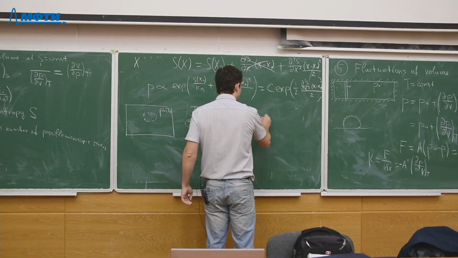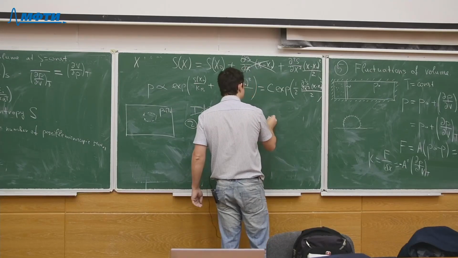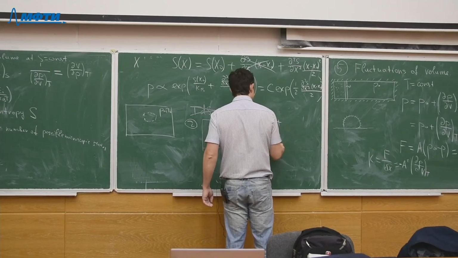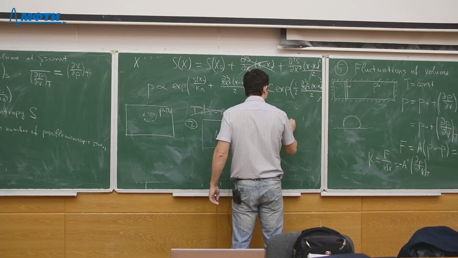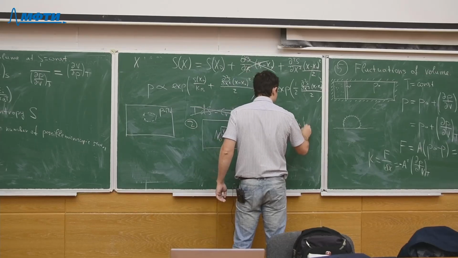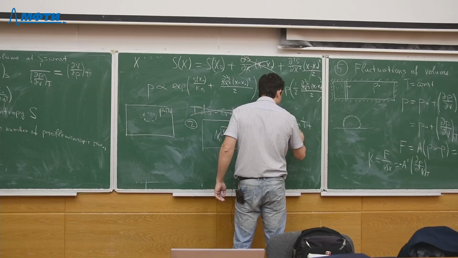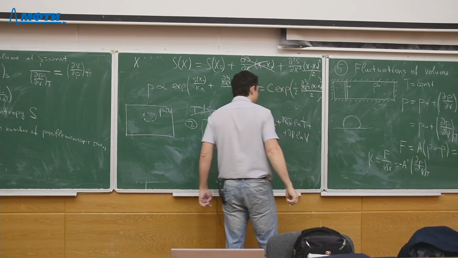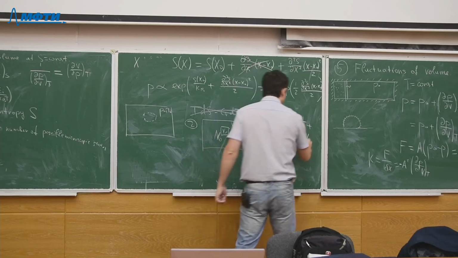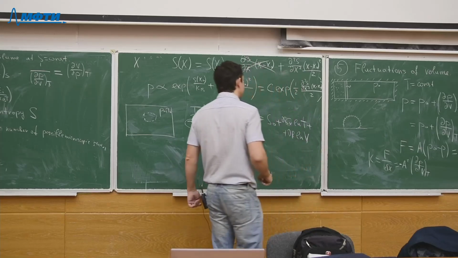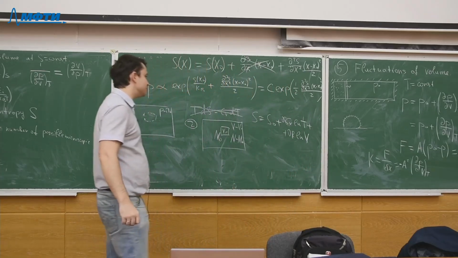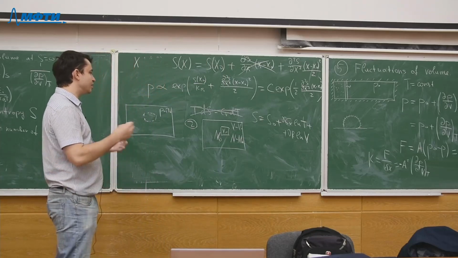As you know, I have previously derived that the entropy of the ideal gas is S0 plus nu R logarithm T plus nu CV logarithm T plus nu R logarithm V. Okay, there is some issue with this definition of entropy.